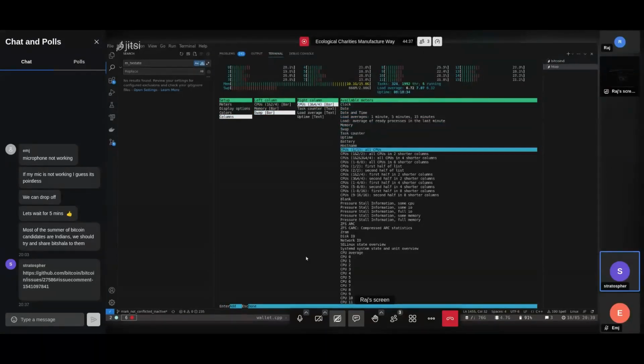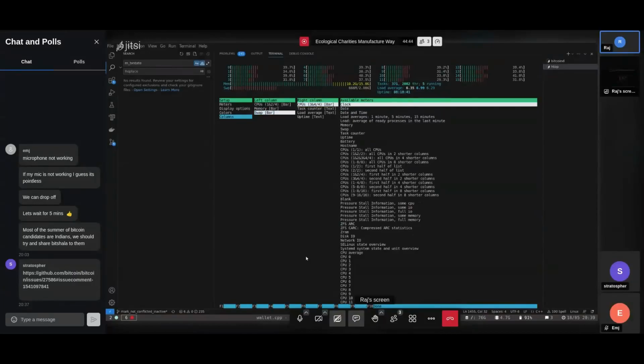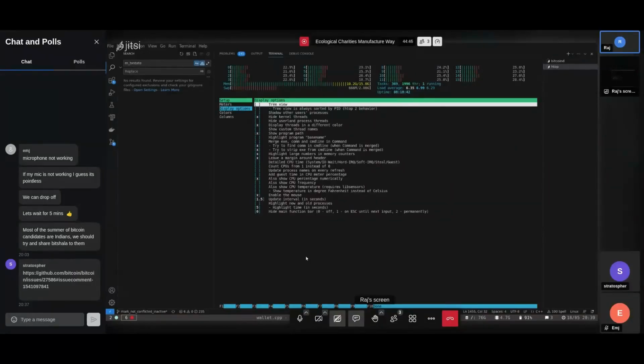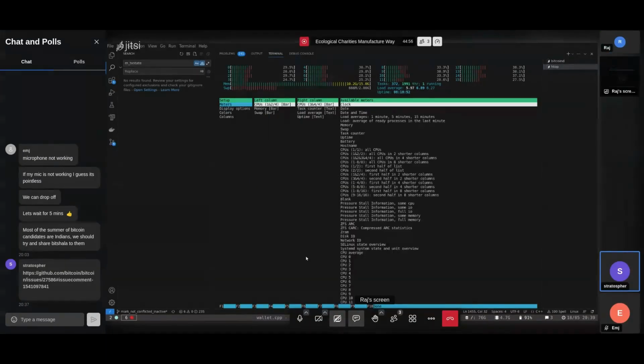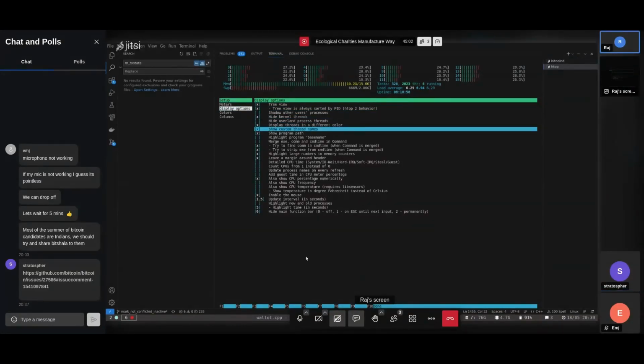Oh, tree view. Okay. Push show custom thread names as an option too. Show custom thread names. Okay.